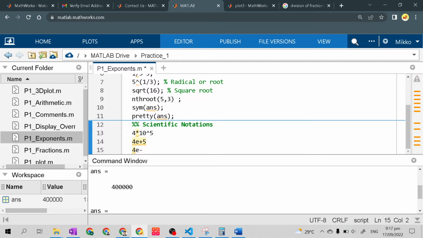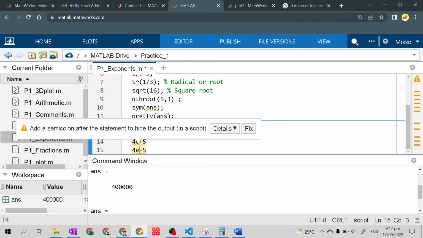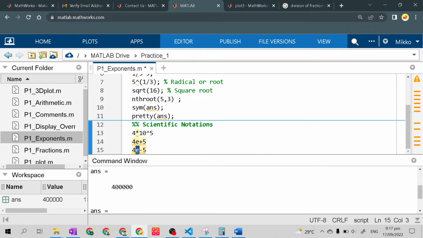E raised to negative 5. MATLAB knows that E means scientific notation. You can make E a variable, but E is not a common variable, so just use E for creating scientific notations.